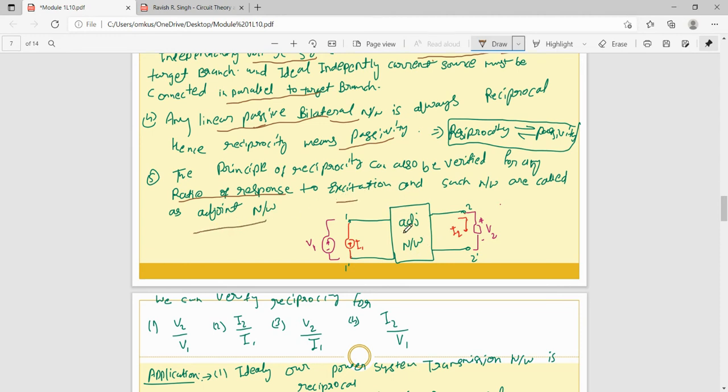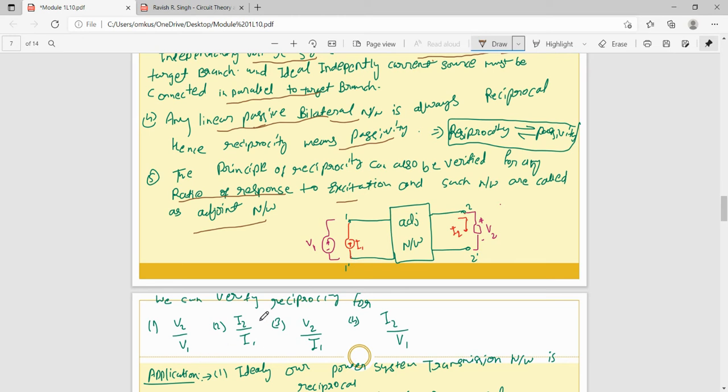So this is some network given to you. The network must be a linear passive bilateral network. So you can also say that this is an adjoint network, and you can verify it by taking the ratio of different parameters, right? Now see, you can verify this network by taking these types of parameters for any given two circuits or for a single circuit also.